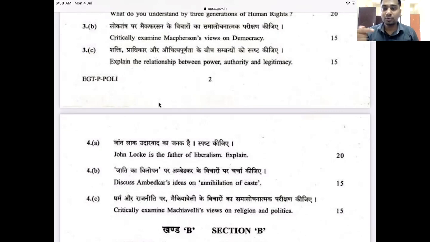But tomorrow I am not going to take all these 10 questions and make you go through each and every one. That takes time. So from my end, I'll go through the 2014 to 2022 papers.